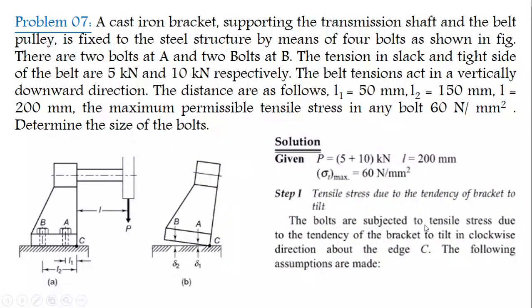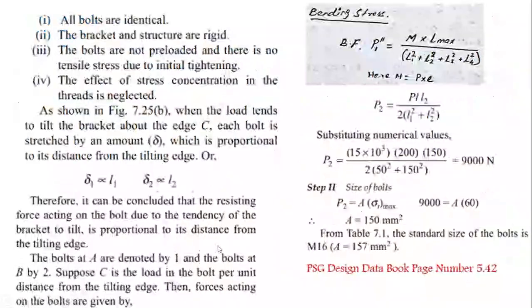The bolts are subjected to tensile stress due to the tendency of the bracket to tilt in the clockwise direction about the edge C. About edge C, the following assumptions are made. In the previous problem, we saw the same assumptions, and the same are followed here also.